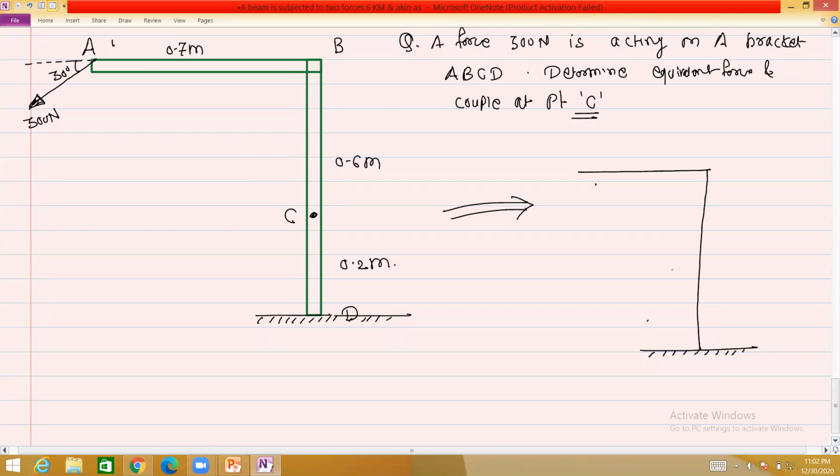So this is the simplified diagram. This is the point A. At point A, a force of 300 Newton is acting at 30 degree.